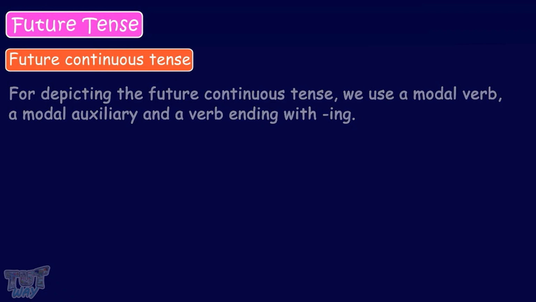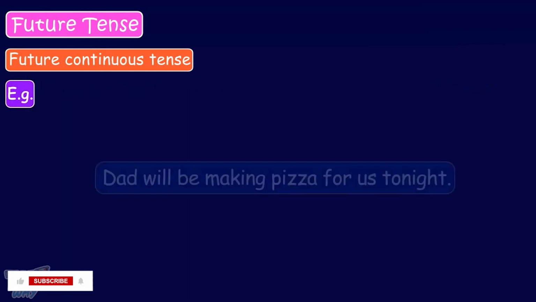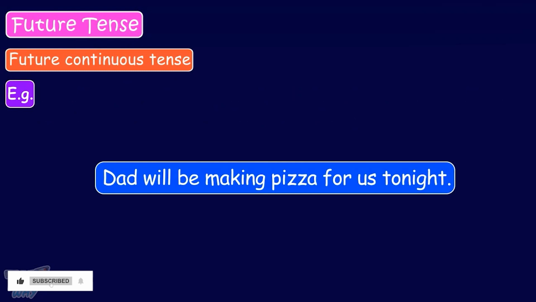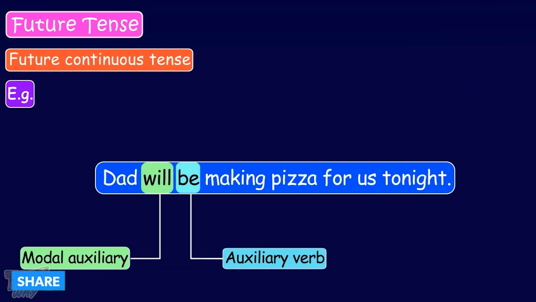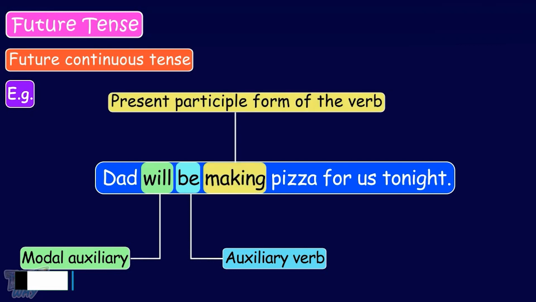Here we have examples. Dad will be making pizza for us tonight. So we have used modal auxiliaries, auxiliary verb, and present participle form of the verb, that is, verb along with ing.